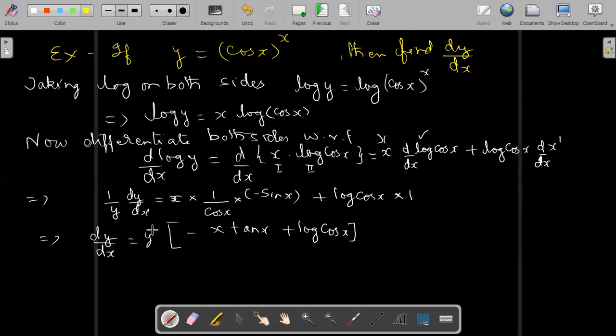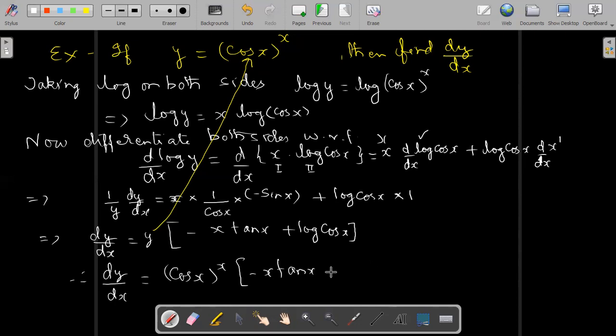This y is replaced by its value at last. So the final answer is dy by dx equals cos x to the power x into minus x tan x plus log cos x.